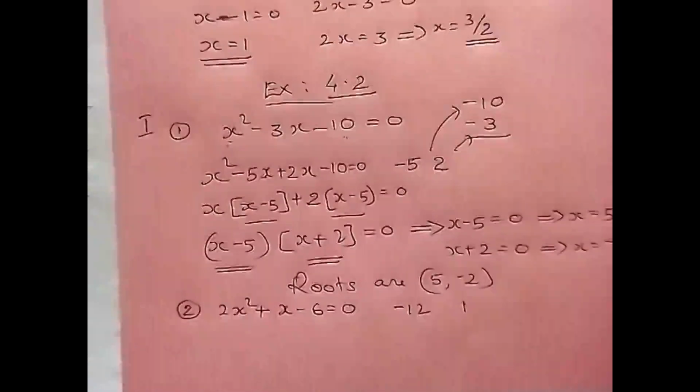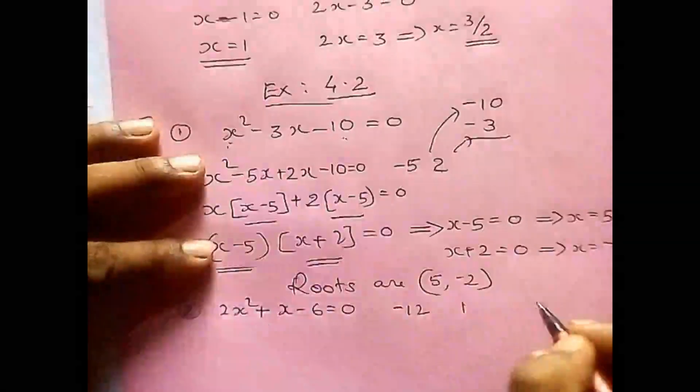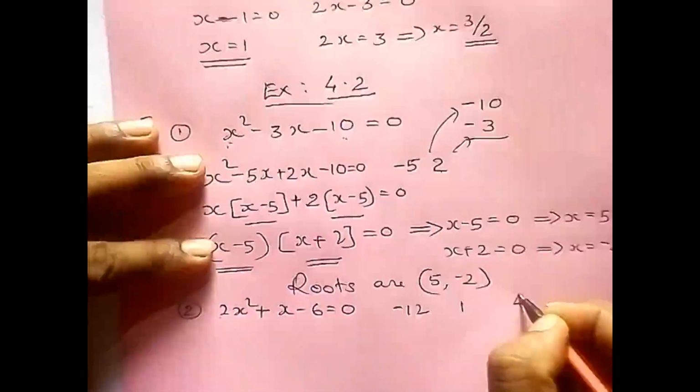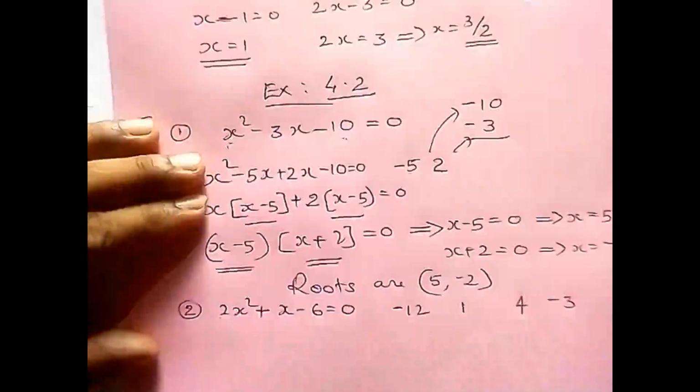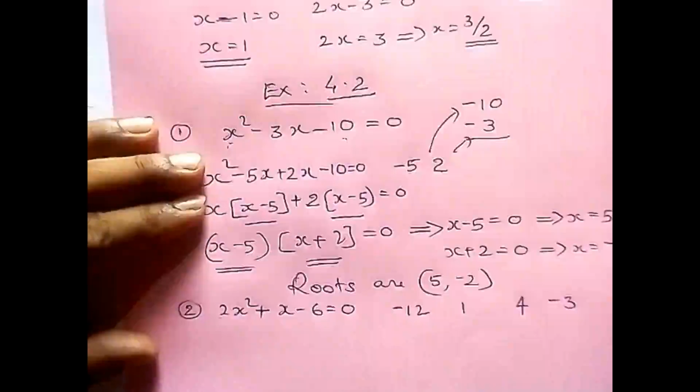So we have to find out two numbers such that their product is minus 12 and their difference is 1. So what are the numbers? Yes, 4 and 3, and the bigger one is positive, so it is plus 4 and minus 3. Okay, so the product is minus 12 and the sum is 1.